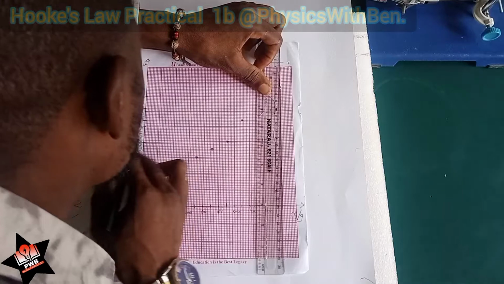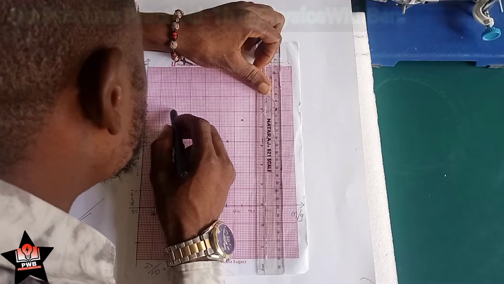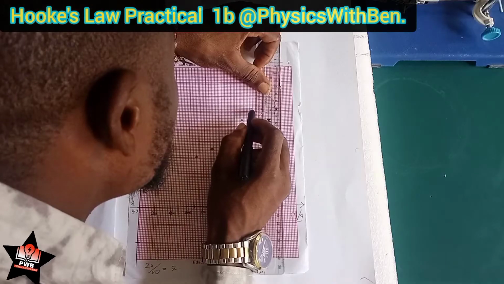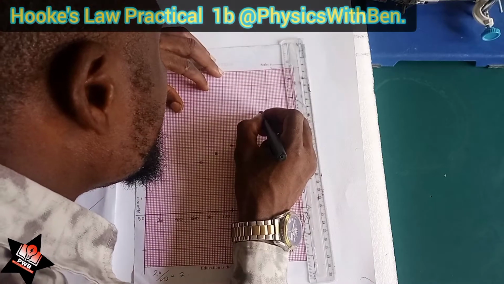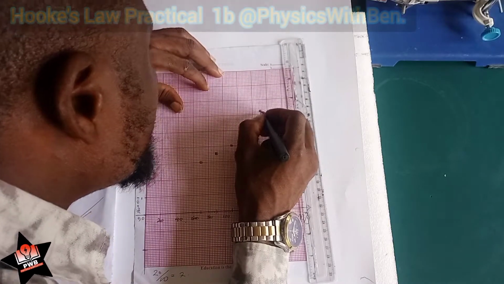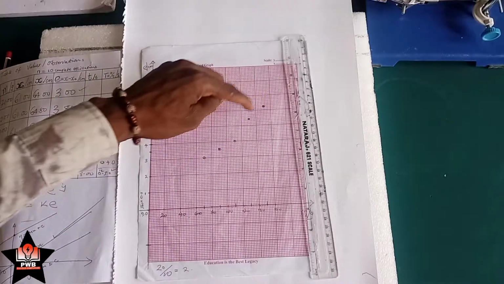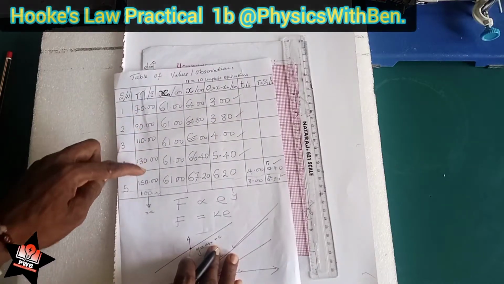And this is 6.2. 6.2 is here. So we are done plotting the points.